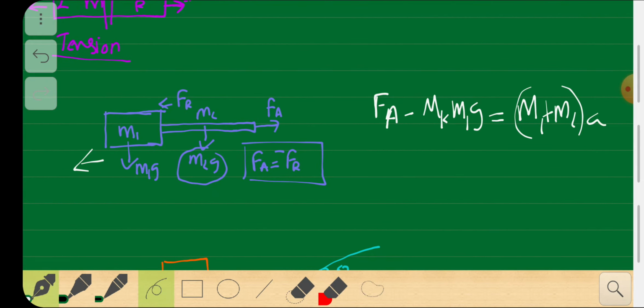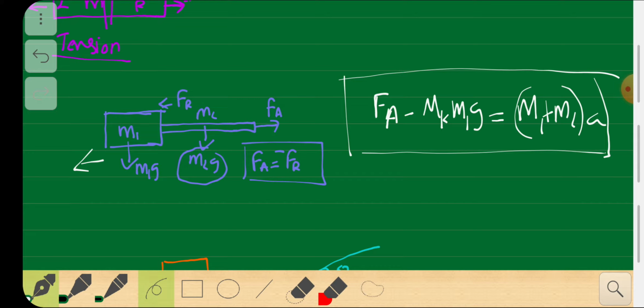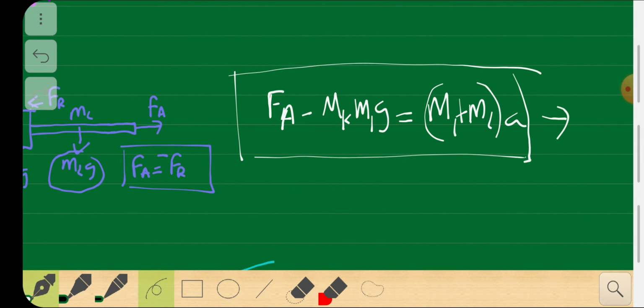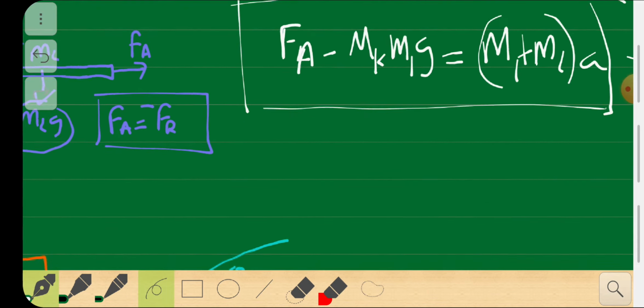So this was the standard force equation for this body collectively, if you want that. Let's call this equation 5, and you can use that.